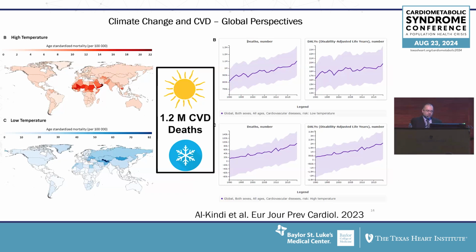We estimated approximately 1.2 million cardiovascular deaths related to non-optimal temperatures. A lot of these are related to heat, and we are in the process of investigating the impact of heat, temperature, humidity, and on top of that, power outages to understand what the added impact is in the state of Texas.